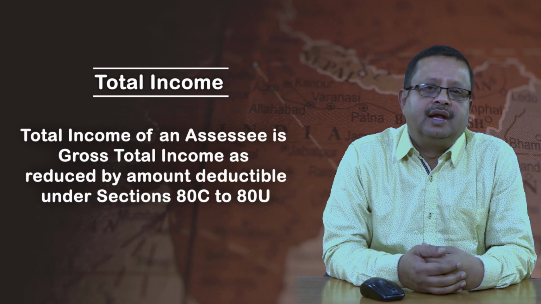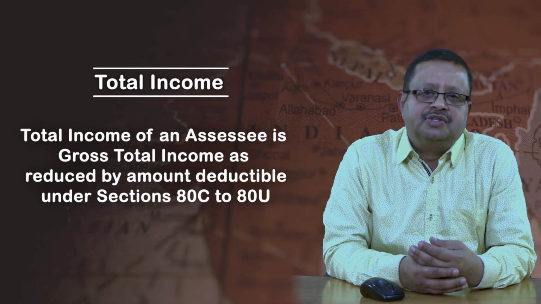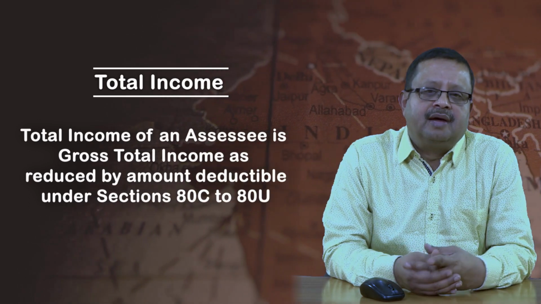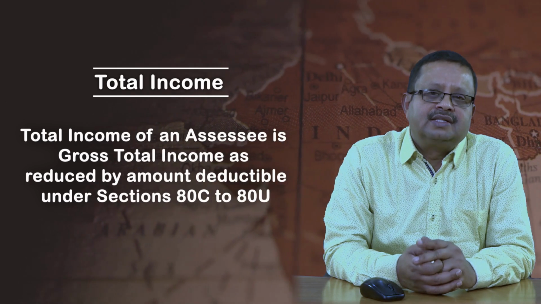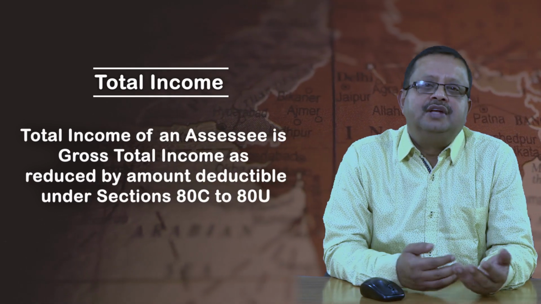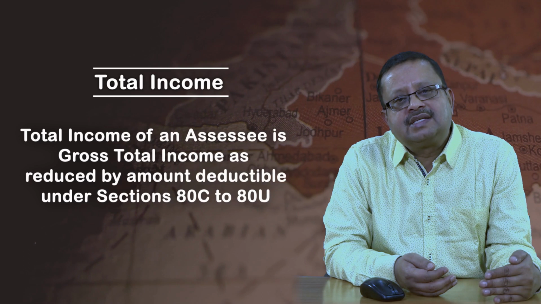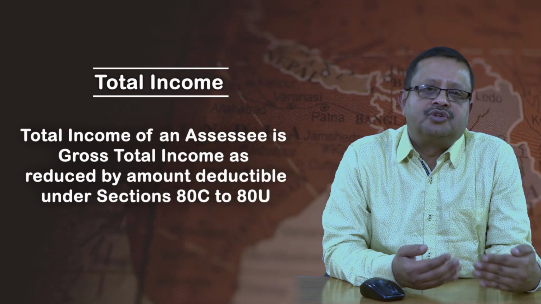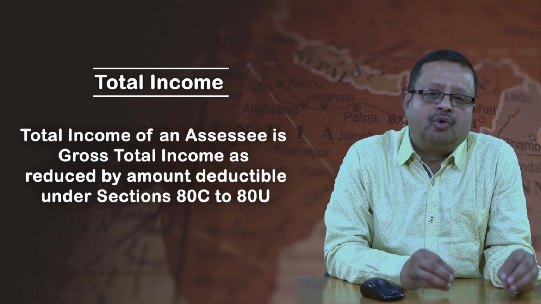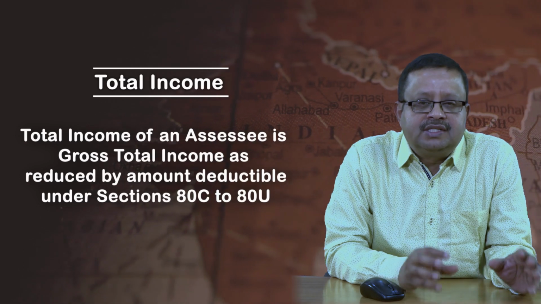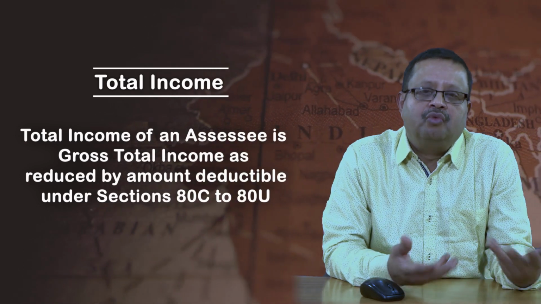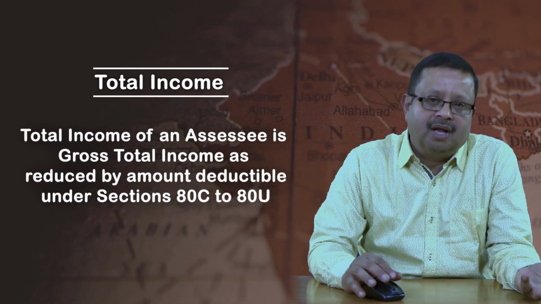From this gross total income, there are various deductions as provided under the Income Tax Act, mostly under section 80C to 80U. When these deductions are deducted from gross total income, we get the total income. And this is the total income on which income tax is chargeable.